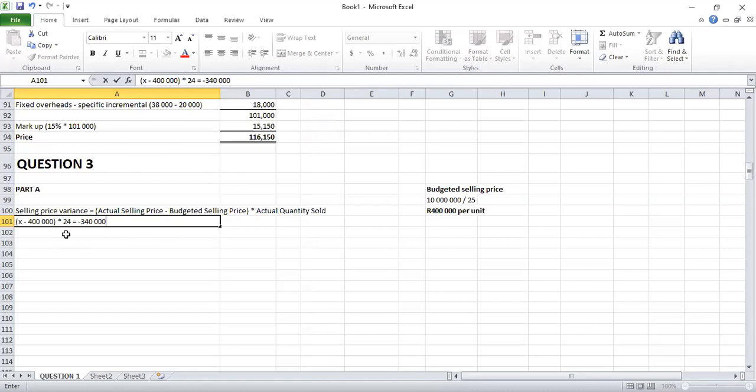Right. We can solve this. We can say 24x minus, can you say 400,000 times 24? What do we get? 9,600,000.